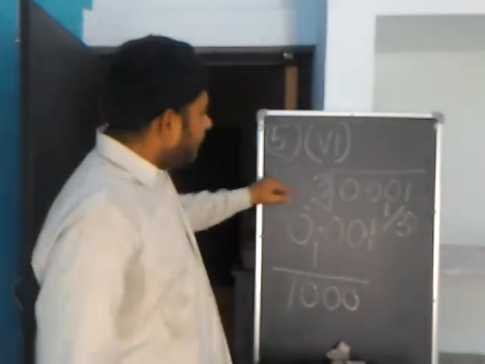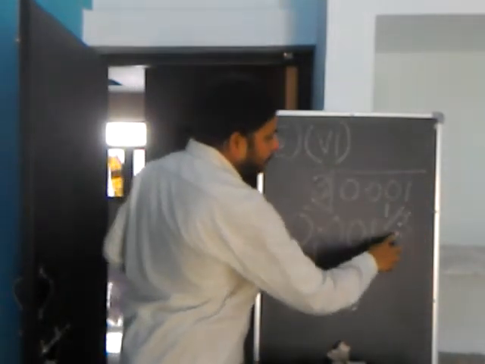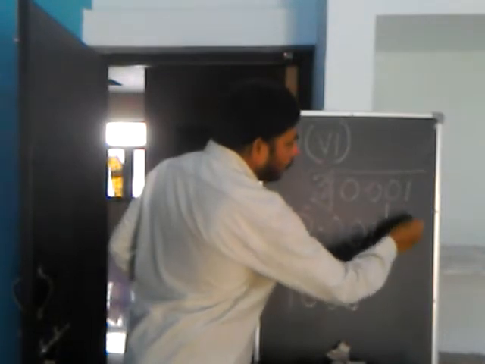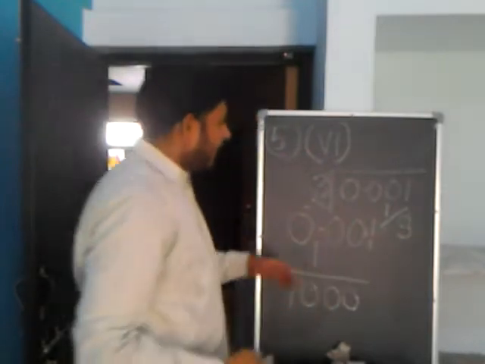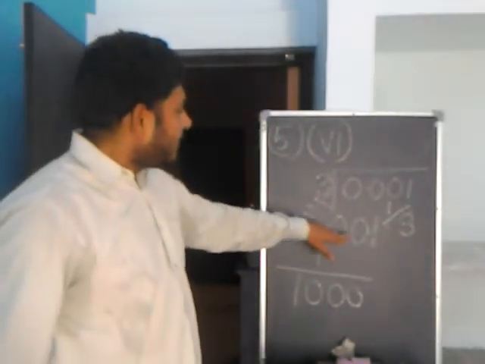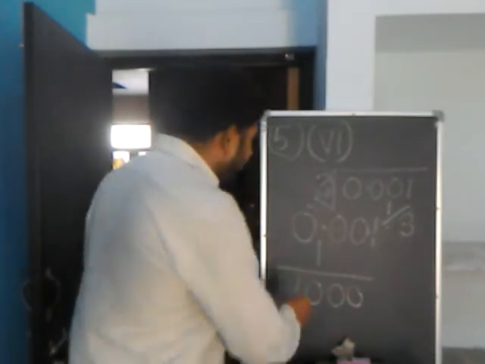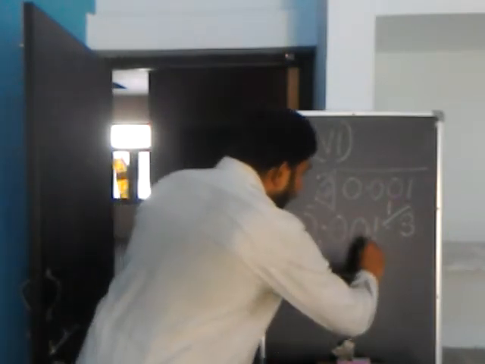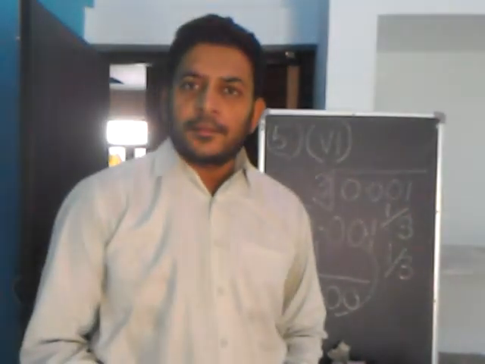What did I do? First of all, I wrote my question in the form of this power. Then I converted this into this rational form, closed it in a bracket and placed the power 1/3 outside of it like this.